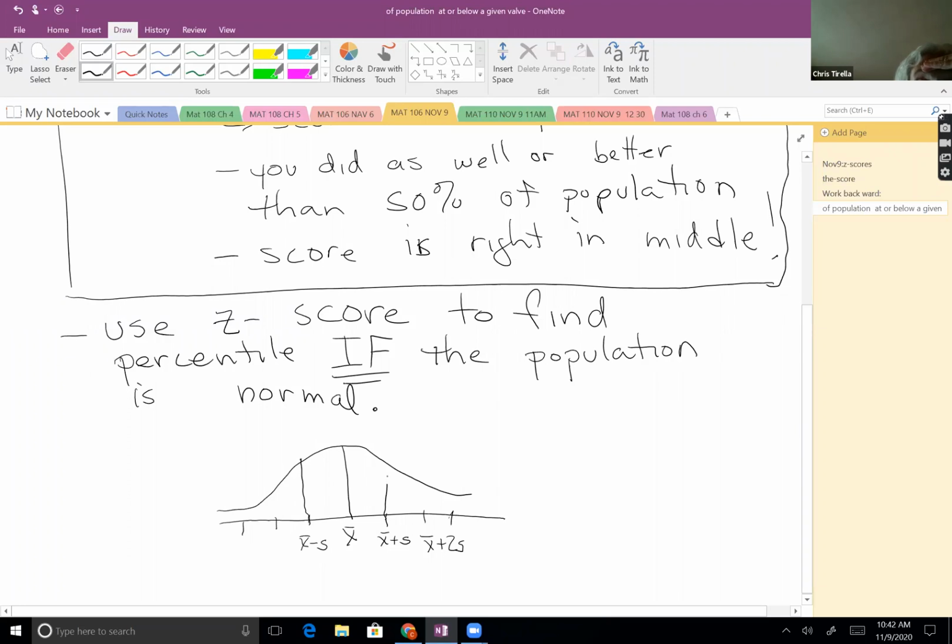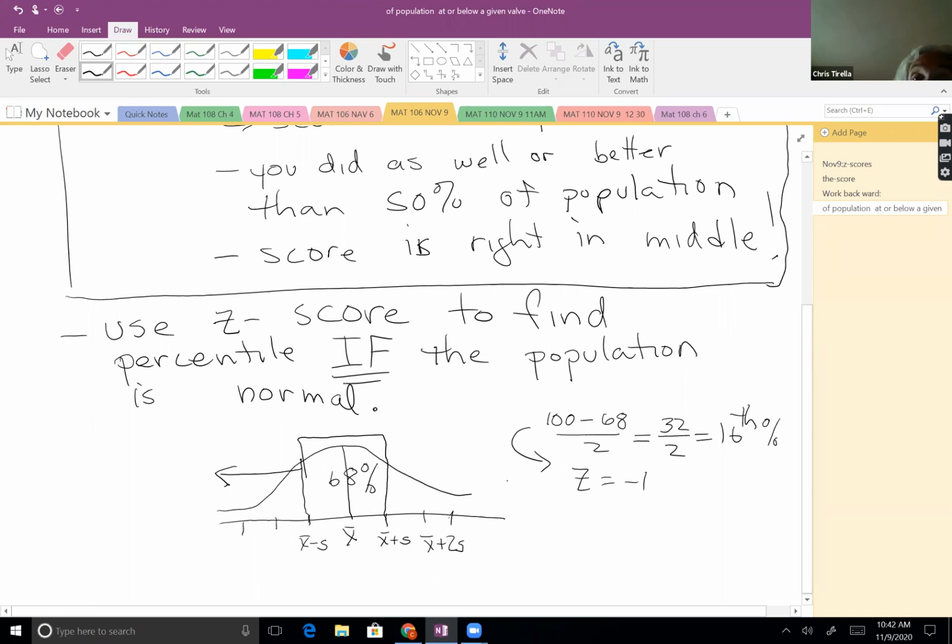And so if I ask, let's see, if this is the middle 68%, then below that would be, we take 100 minus 68 and divide it by 2, which would be 32 divided by 2, which would be the 16th percentile, if I'm 1 standard deviation below, or a z-score of -1.